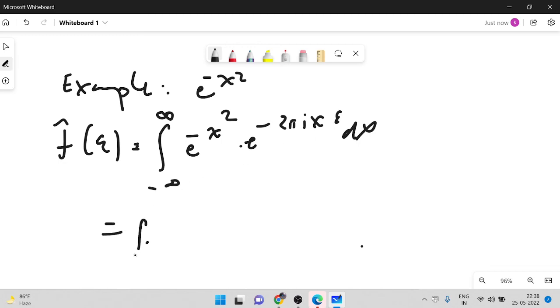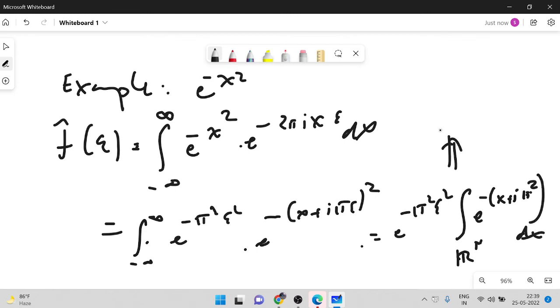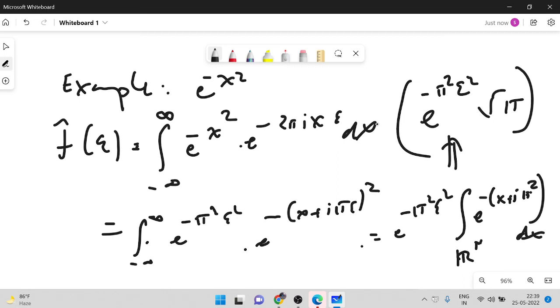Which equals the integral of e power minus the square of (x plus I pi epsilon), times e power minus pi square epsilon square. If you remember, the integral of e power minus x square over the entire domain is root pi. So this is the Fourier transform of e power minus x square, e power minus pi square epsilon square times root pi.